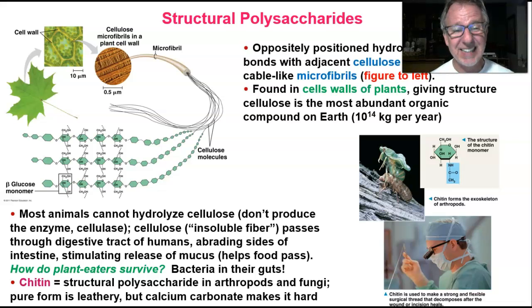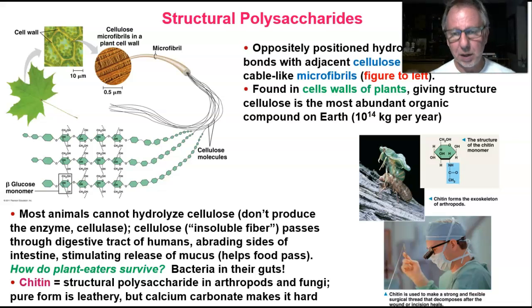So how do plant-eating animals survive if they can't hydrolyze or digest cellulose? Like cows and goats and camels and deer, they're all eating plants. That's all they eat. And I just told you that animals can't digest cellulose in plants. Well, they have bacteria that live in their guts, in their stomachs.